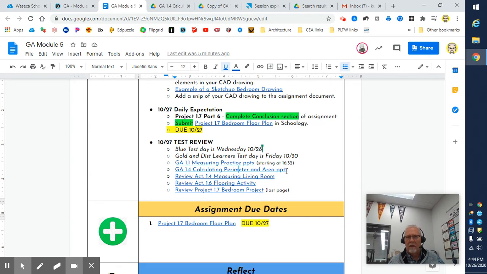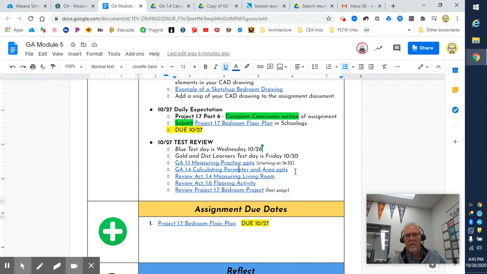Remember, your area calculations are length times width, making sure you're in common units. That's why the decimal feet again. If we're going to calculate the perimeter of a room, we figure the length of each of the sides and add them together.